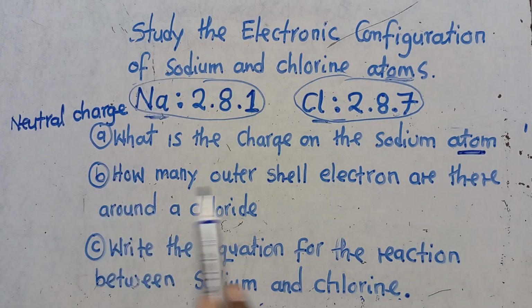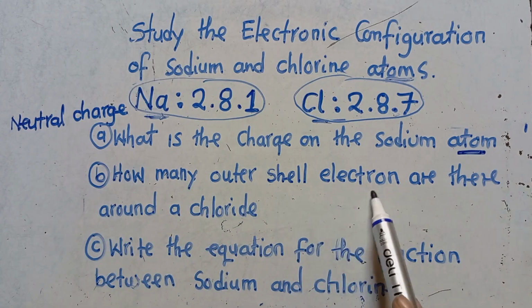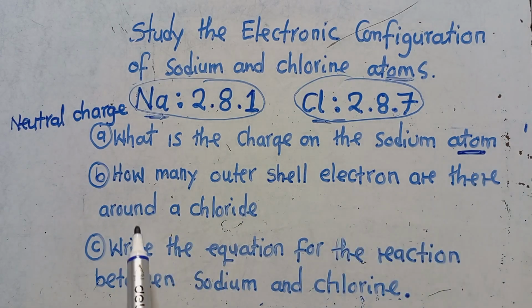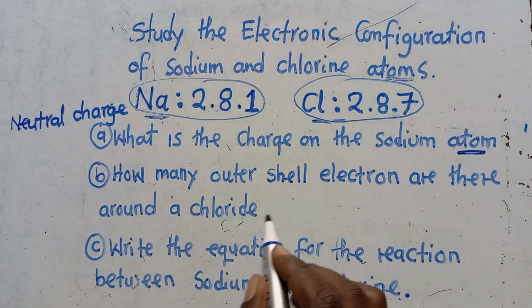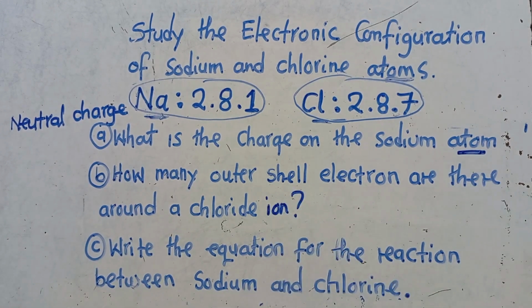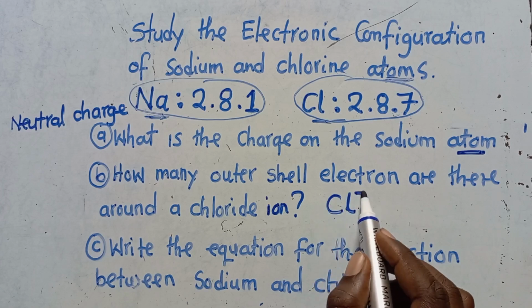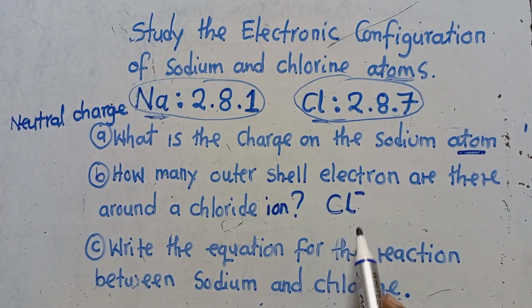We move now to this question that is here. How many outer shell electrons are there around a chloride ion? So we are now talking about a chloride ion. A chloride ion is like this. Have you seen? This is a chloride ion.